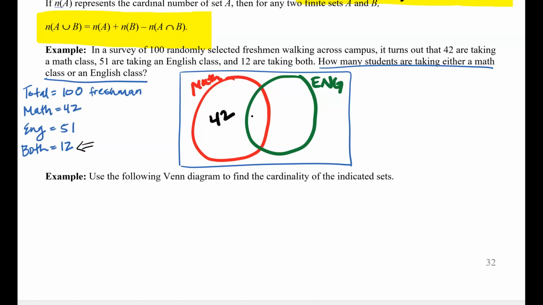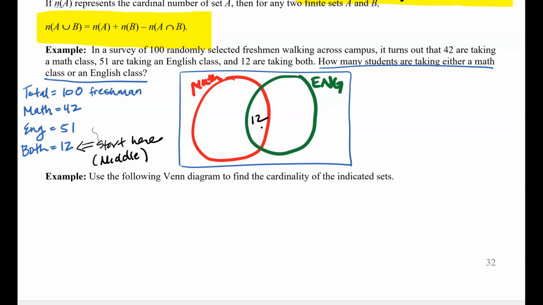So rather than start with the 42, because we don't know how many of those 42 are in this section and this section, I'm going to start at the middle. I'm just going to put a note here that says start here. So that's going to be your middle section, your overlap. If 12 are in both, I'm going to put 12 there. Then I'm going to back up. If 42 students take a math class, well, that's all the red circle.